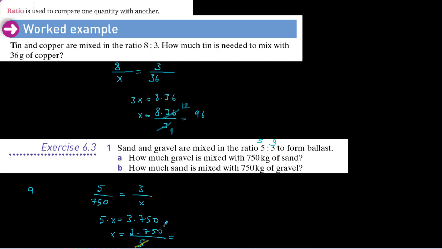When you divide by 5, 750 divided by 5 is 150. So this is going to be the same 3, and 3 times 150 is the result, because in the denominator we have 1, which is equal to 450.